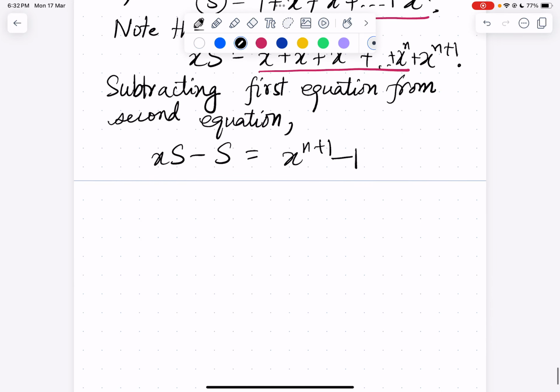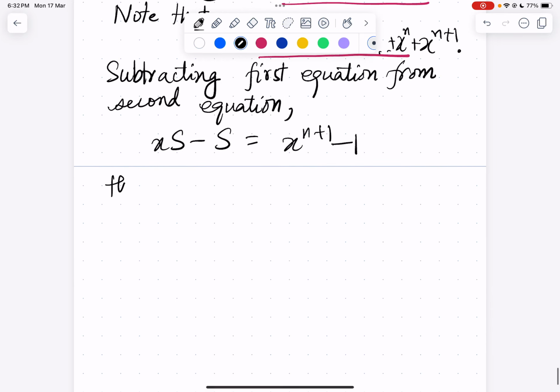That is, x minus 1 times s equals x power n plus 1 minus 1.